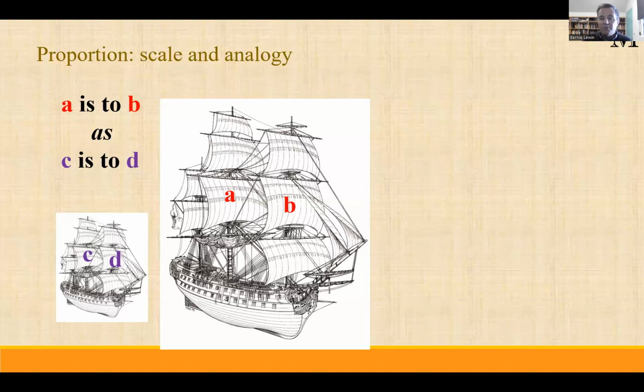A ship on the horizon compared to a ship up close. A scale model of a ship is like a ship far away. Consider a ship full size and the scale model: just as in the full size, one mast is to the other mast, so also in the model. The different parts have to be in the same proportion.